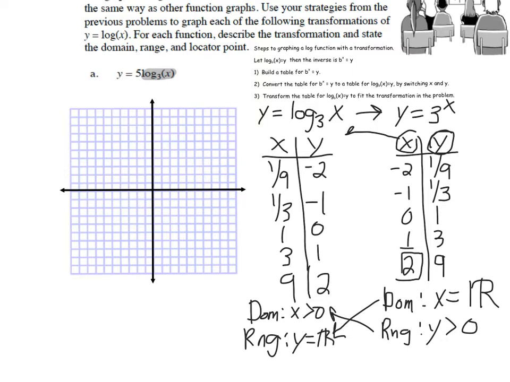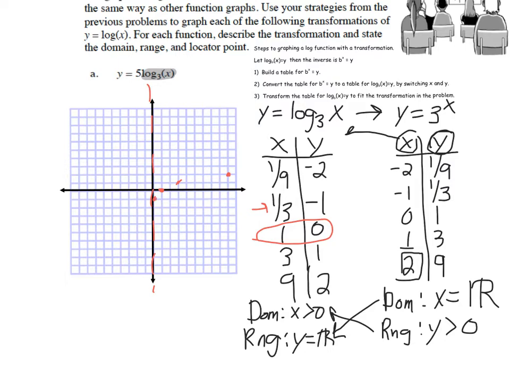So now I want to graph the log base 3 of x, and that's going to have a vertical asymptote on the y-axis. My locator point is 1, 0. Then I have some other points, 3, 1, and 9, 2. Going down here, I've got 1/3, -1. And I don't know if I can get the other one on there.